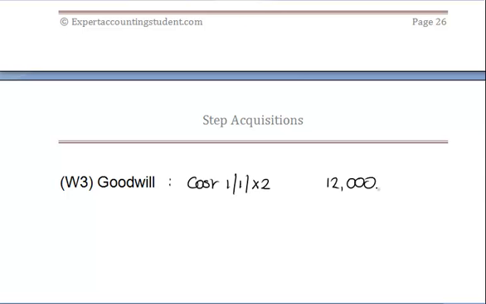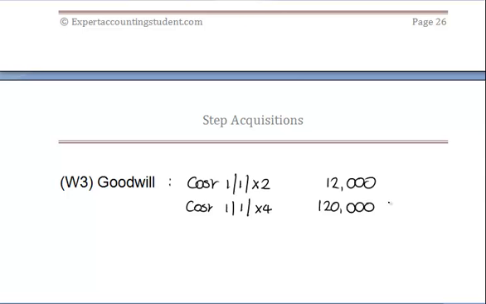On the 1st of January X4, we bought 65% of Owl for 120 million. So here I'm going to say the cost on the 1st of the 1st X4 is 120 million.